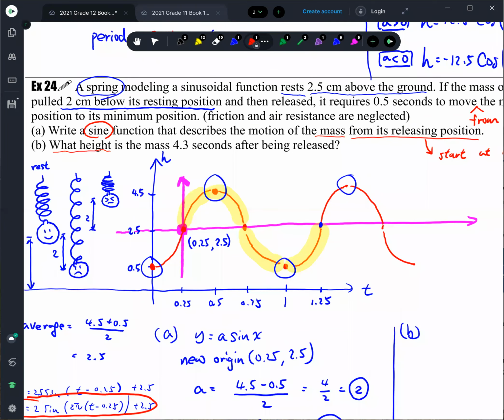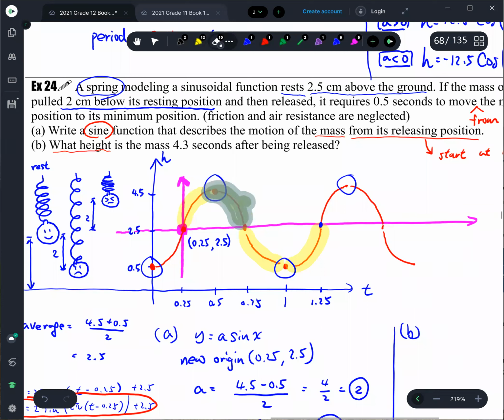What is the height 4.3 seconds after being released? So based on this graph, because every 1 second it will repeat, you can, let me highlight it. Every time after 1 second, it will be the same thing happening.